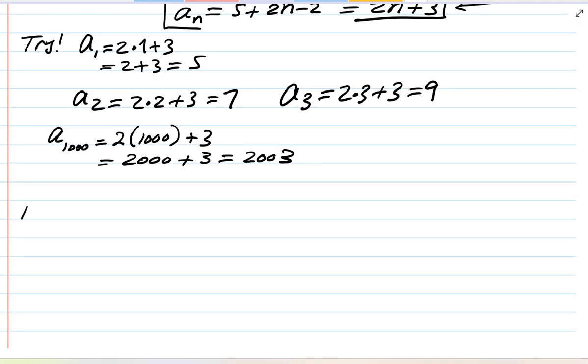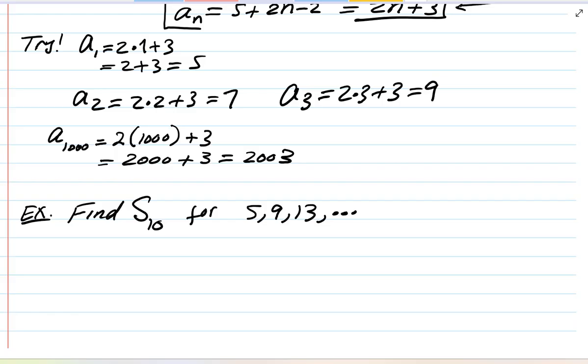To do an example of this one, in my next example, let's say I want to find S sub 10. That means the sum of the first 10 terms for my arithmetic sequence, and let's make it 5, 9, 13, and so on and so forth.